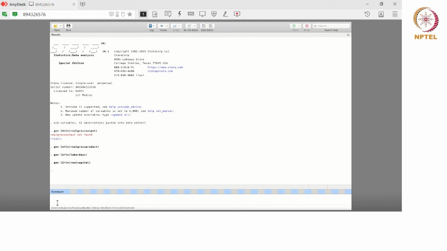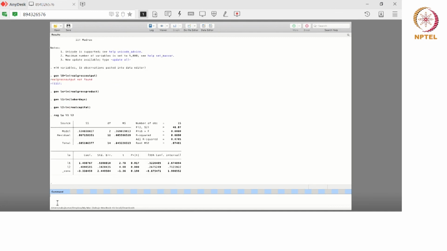So now all your variables are converted into log, and you can easily run the regression: reg L0 equals L1 and L2. This is how I have converted the linear model into a log linear one, and you can press enter.